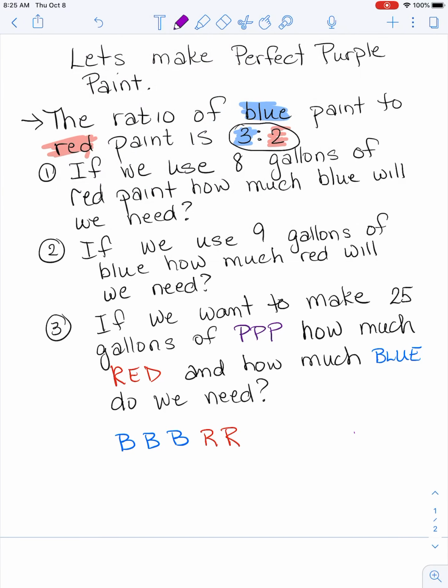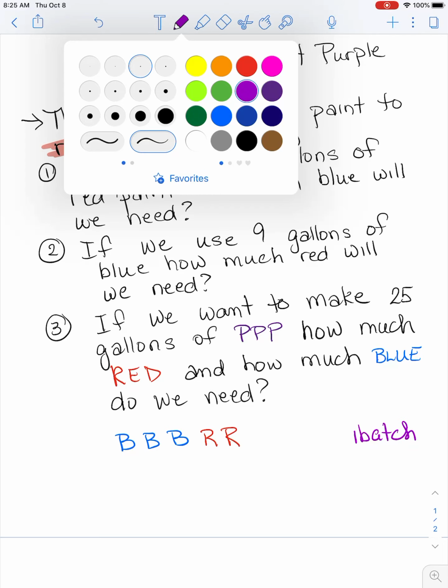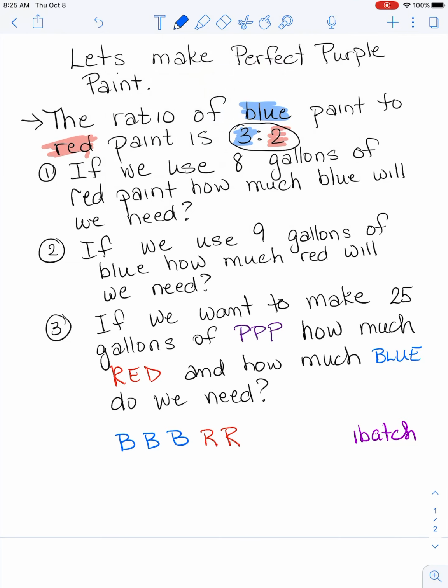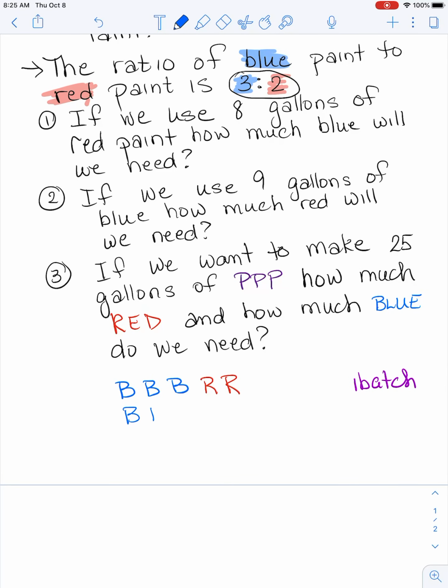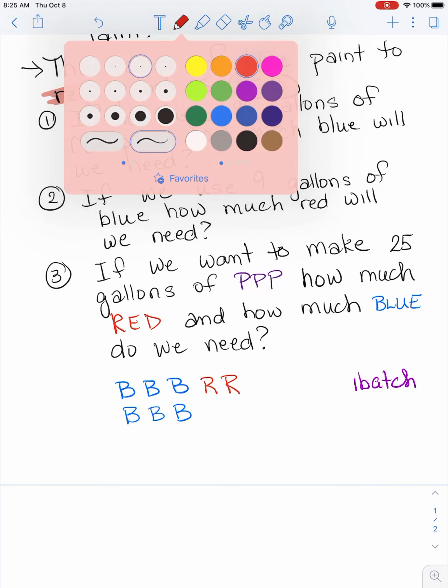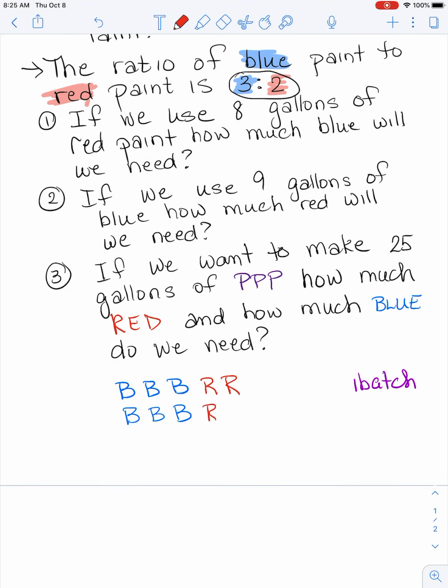Let's make it look really purple. Okay, and this would be one batch. Now, every time I want to make a batch, it has to look exactly the same. So if I want to make 2 batches, I'm going to have to add 3 more gallons of blue paint and 2 more of red, and that's going to be another batch.